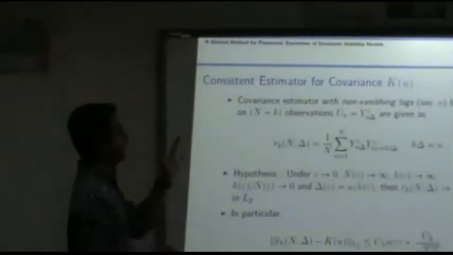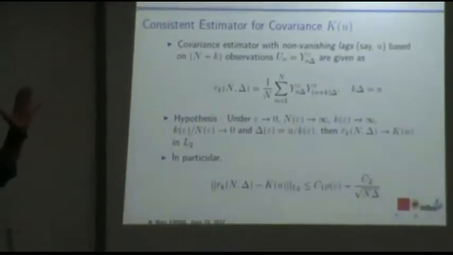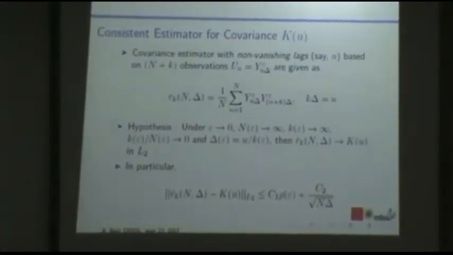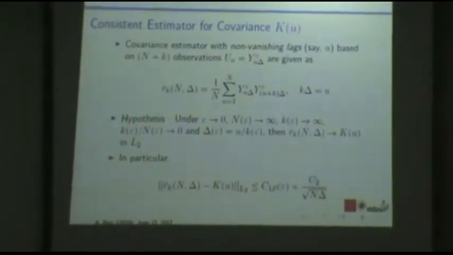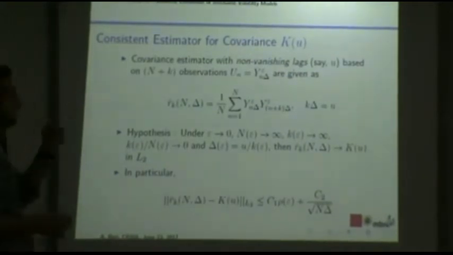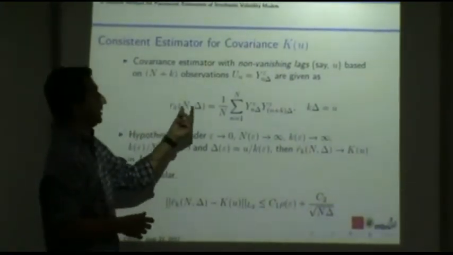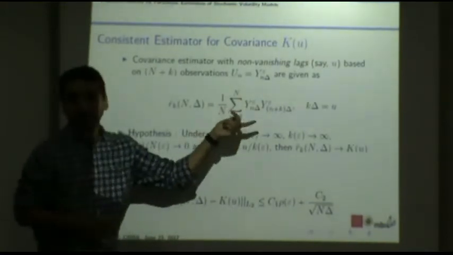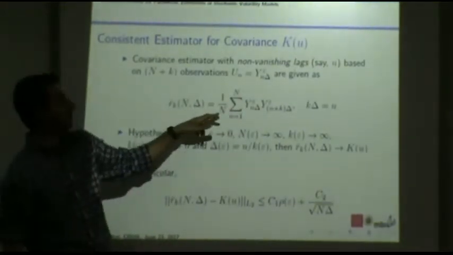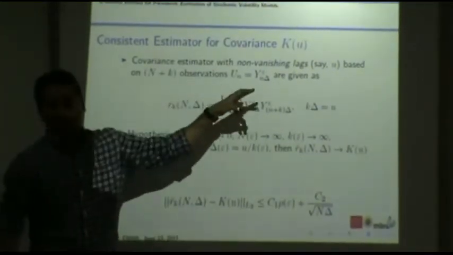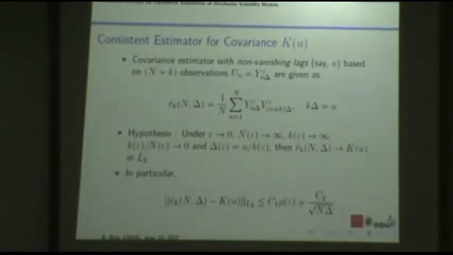Now, let's see how I set up the consistent estimators for my covariance. The covariance at some fixed lag u can, in a very straightforward manner, be estimated by the empirical or sample estimate, given n plus k observations of my data from the process Y epsilon.